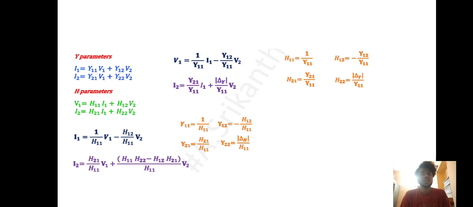I2 equals H21 by H11 of V1 plus H11 of H22 minus H12 of H21 by H11 into V2. Y11 equals 1 by H11, Y12 equals minus H12 by H11, Y21 equals H21 by H11, Y22 equals delta of H by H11.